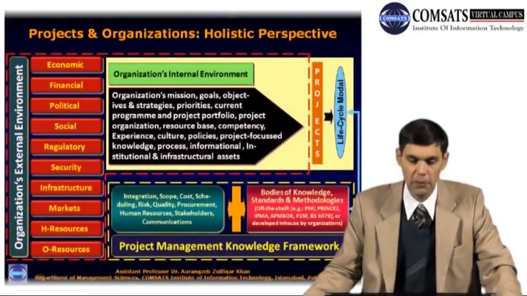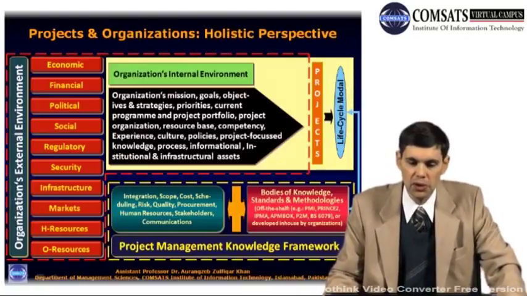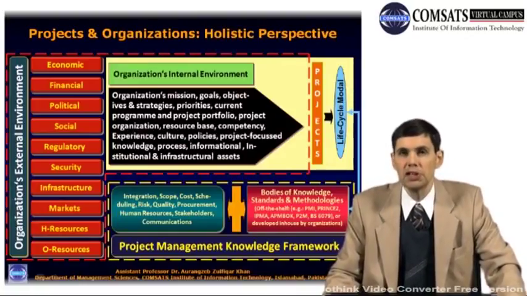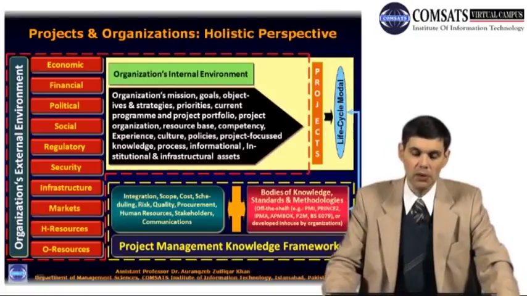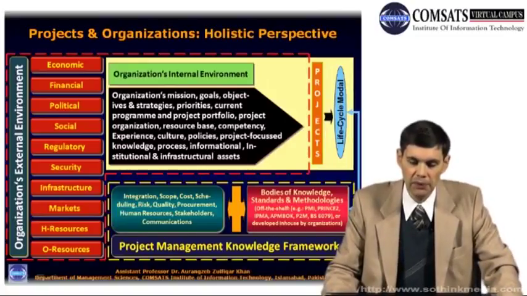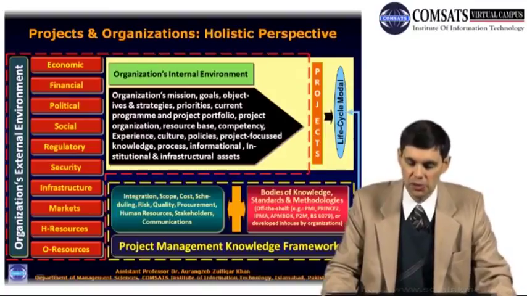So moving on now, and before I come to the model itself, I would just like to show you this illustration which I have developed to show how the interfacing takes place between stakeholders at the project level and the organizational level, as well as the external environmental level, that is the environment external to the organization.